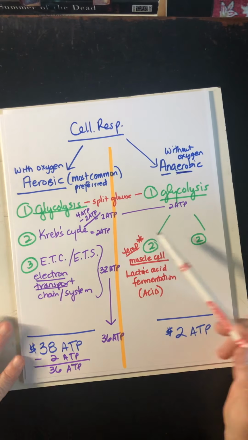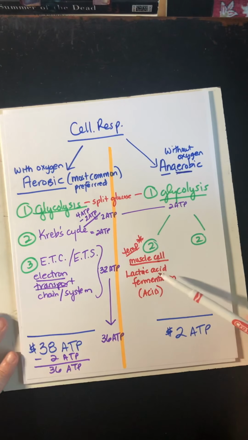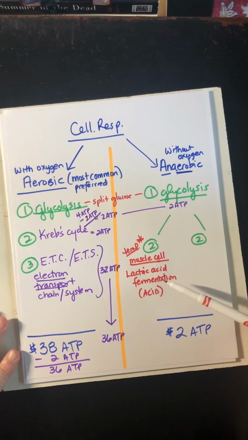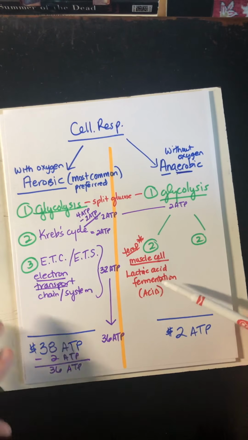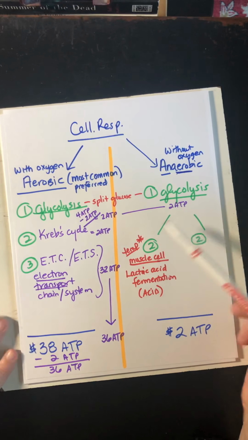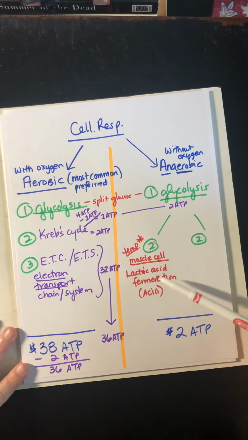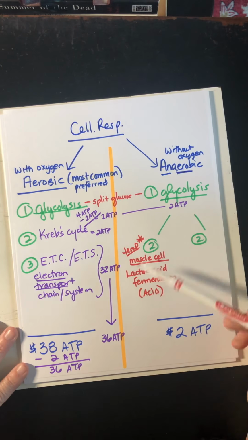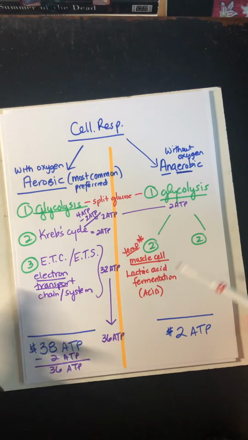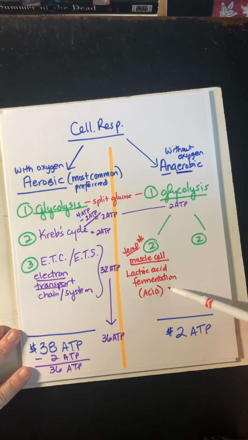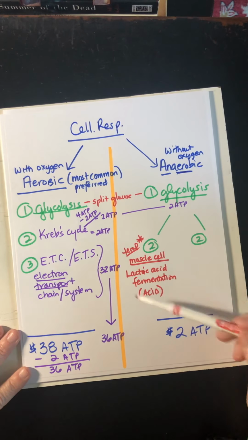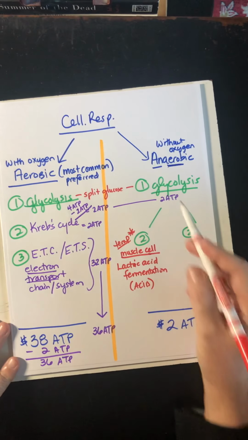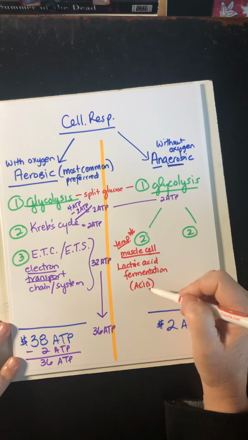So if you're in really good shape, you don't go into lactic acid fermentation very quickly, and so your muscles don't get sore. But when you first start exercising, you're breathing heavy, you can't get oxygen to your muscles, so the muscle cells have to go into this mode, and so the cells don't die, and they do lactic acid fermentation. And so after it's all said and done, your muscles are sore, all right? So these are animal cells.